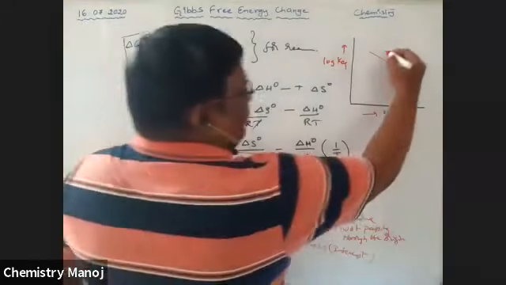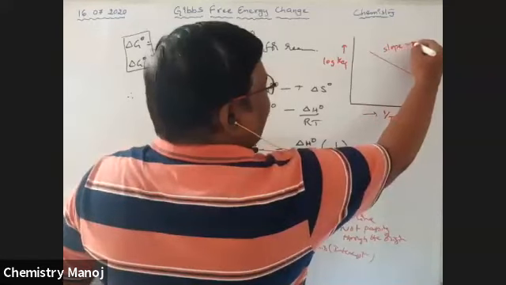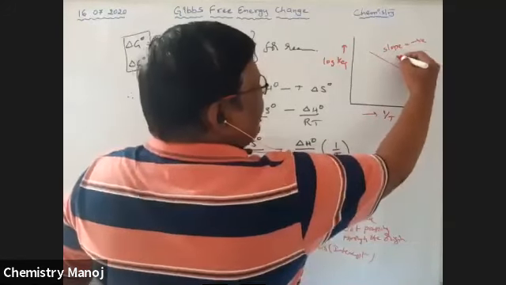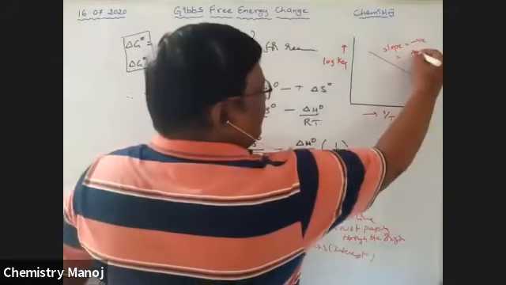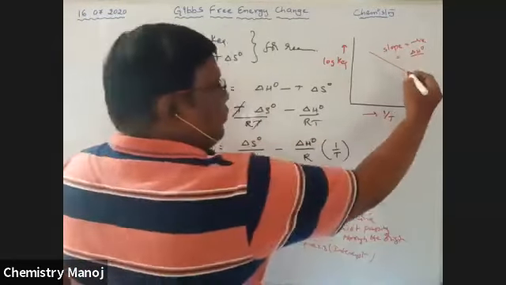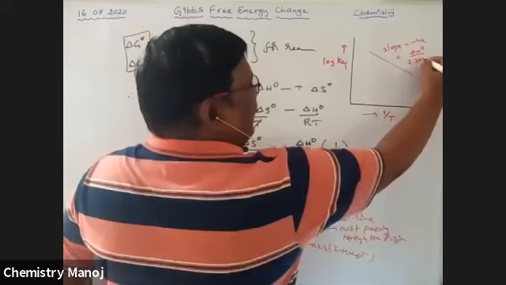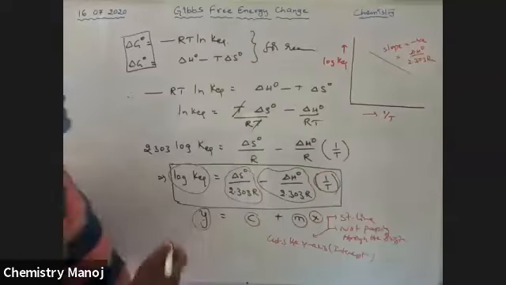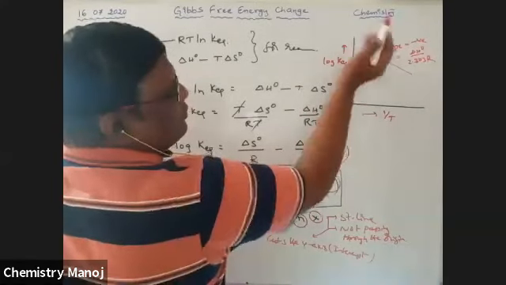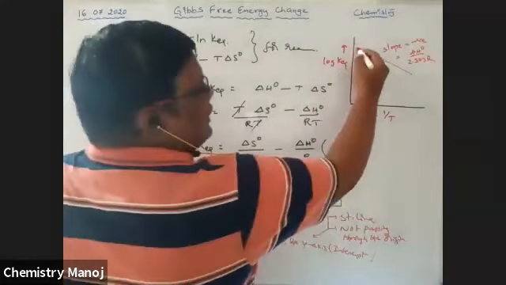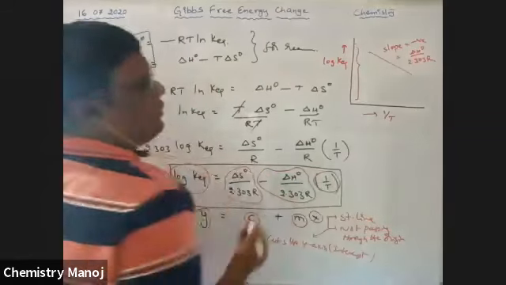That slope is equal to the m value, that is minus delta H naught by 2.303 R. That is the slope value, and it cuts the y-axis at one point. This is the y-intercept value.